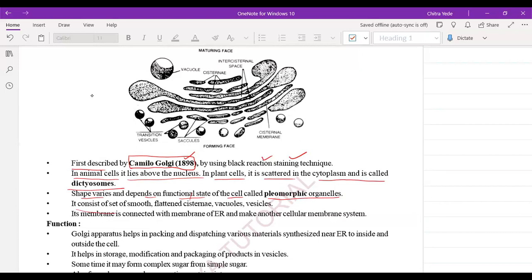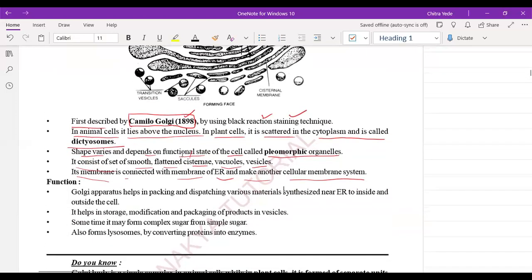It consists of a set of smooth, flattened cisternae, along with vacuoles and vesicles. Its membrane is connected with the membrane of the endoplasmic reticulum and makes another cellular membrane system, and its main function is the modification of protein into enzymes.